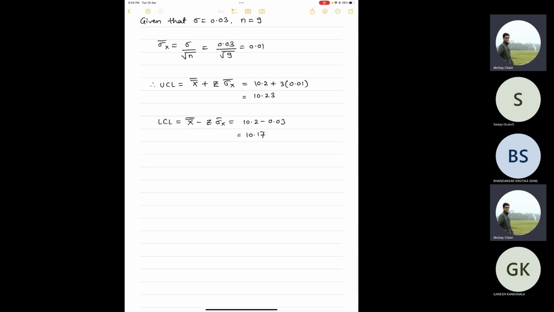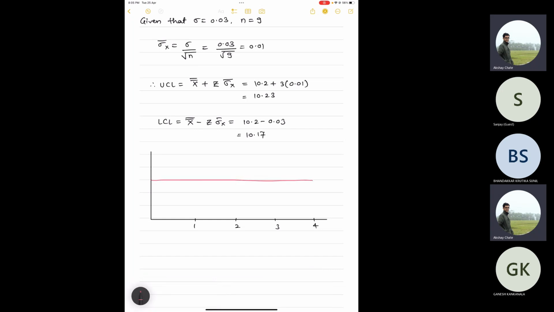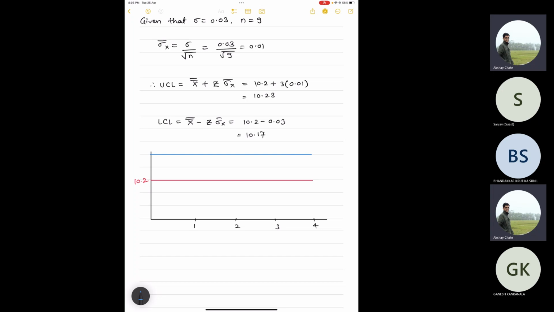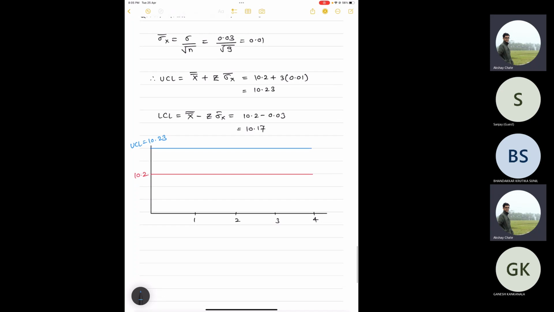Okay, since we are here, I'll do it for one thing. So you had like 4 samples, right? 1, 2, 3, 4. You calculated the mean, which was 10.2. Then you calculated UCL, which is 10.23, and LCL, which is 10.17.